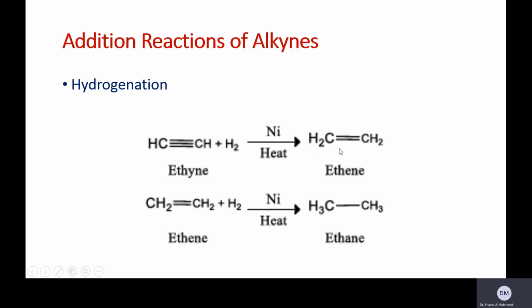So the triple bond changes to the double bond. Then again, hydrogen is added to the double bond and it is converted into the single bond. So this is called reduction, and this is called full reduction, meaning alkyne is changed to alkane. So this is called full hydrogenation or full reduction.